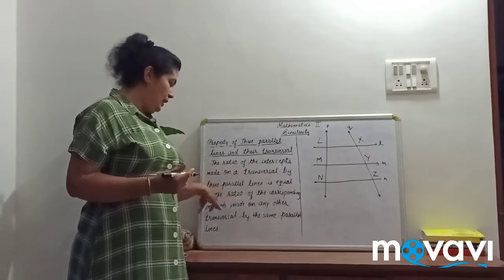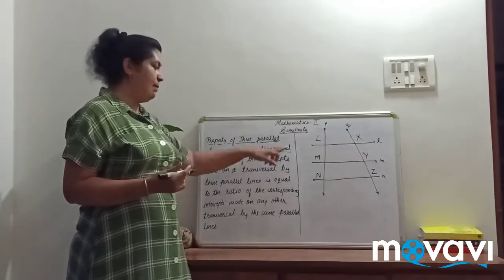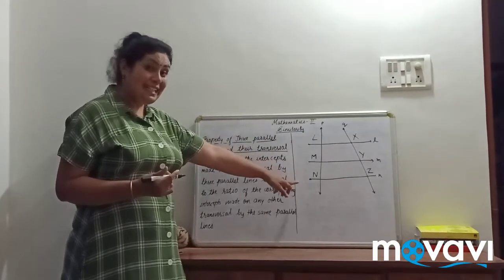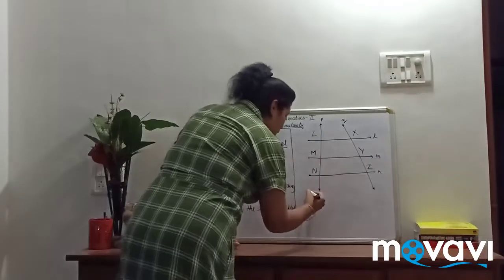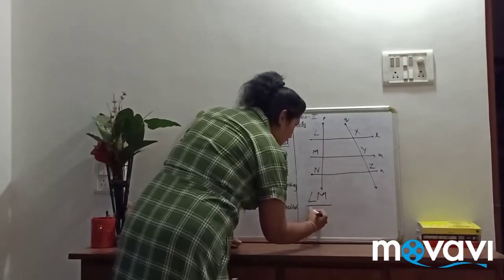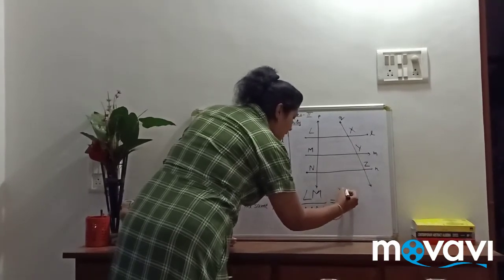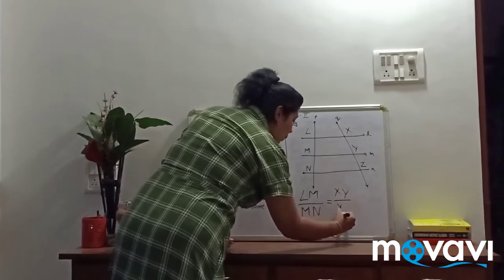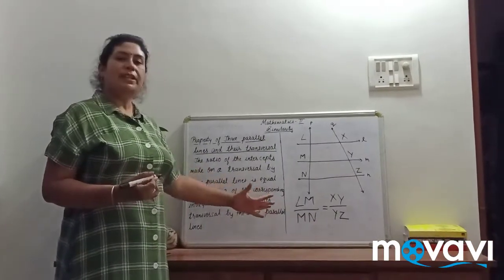They are equal to the ratios of the same parallel lines. The ratios have been made because of these intercepts, so they are equal. Means according to the diagram, LM upon MN is equal to XY upon YZ. Okay, so this is what the property states.